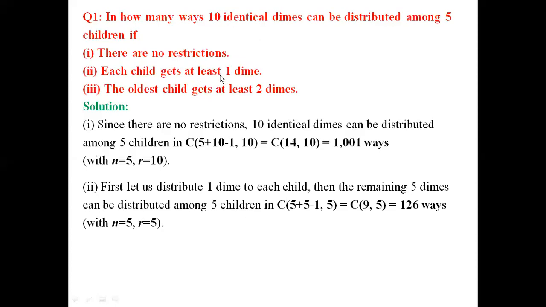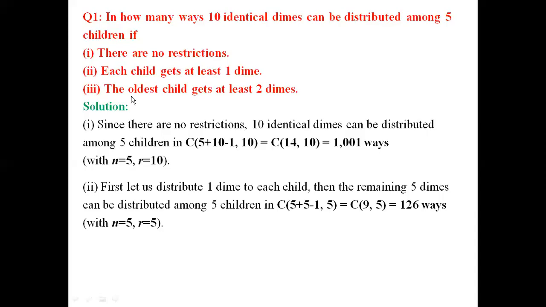Whenever the words at least come, we do the selection repeatedly. So we distribute the remaining 5 dimes among the 5 children in C of 5 plus 5 minus 1 comma 5 ways, which is 9C5, equal to 126 ways. Each child has to get at least one dime, so the remaining dimes are distributed among all the 5 children. Both n and R here are 5.